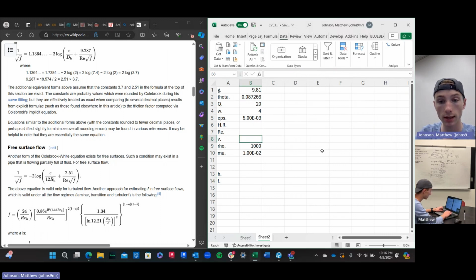Let's go ahead and try to do our velocity here. So velocity. Let's see. Yes. So if you look back up on our board, the expression for velocity there is Q over H times W. Oh, you know what?